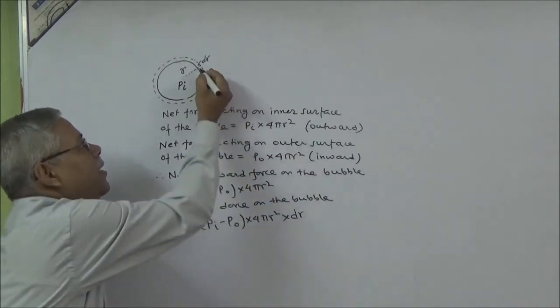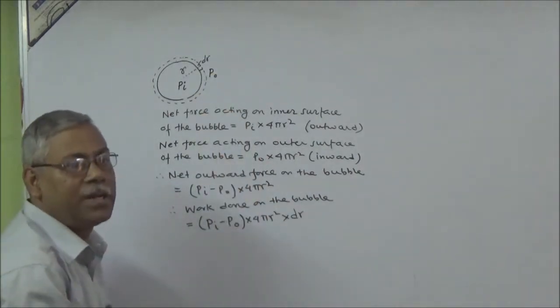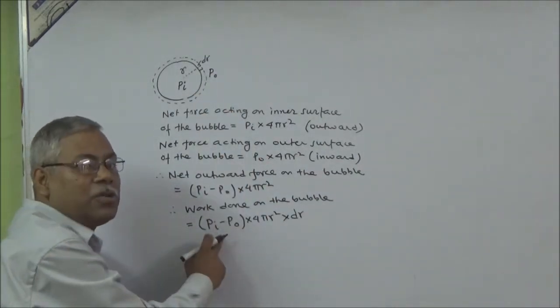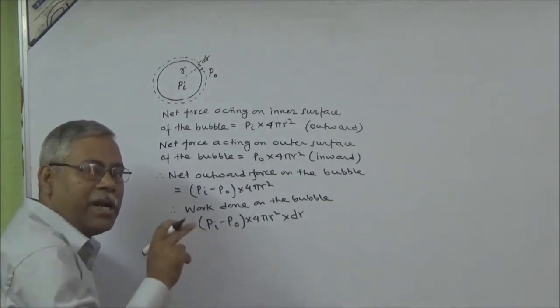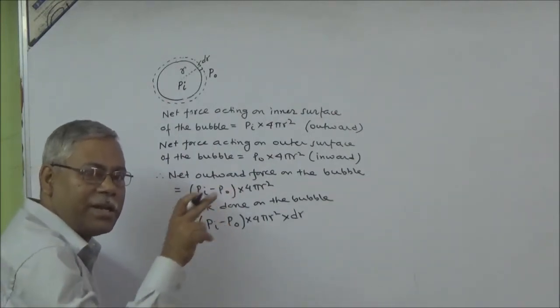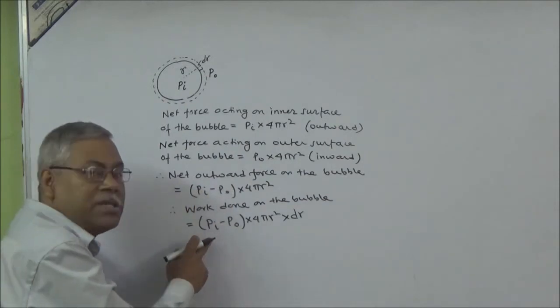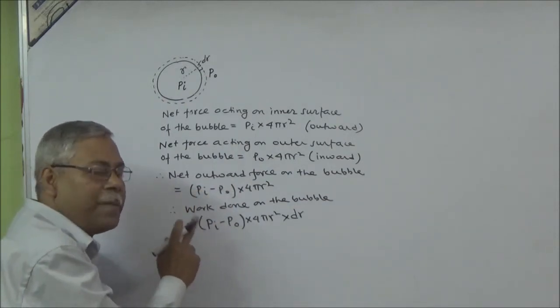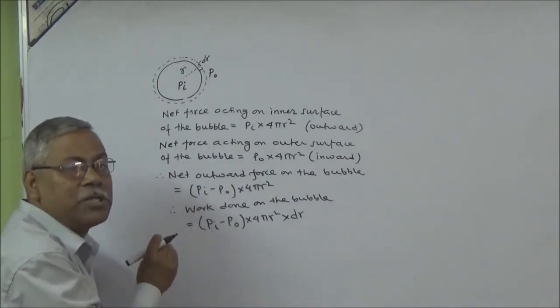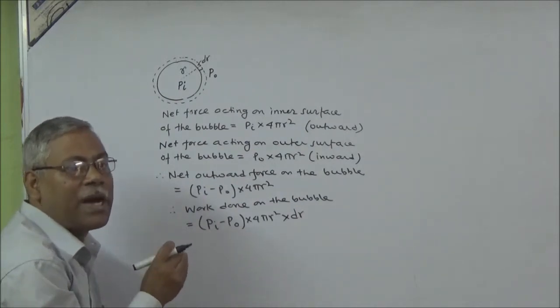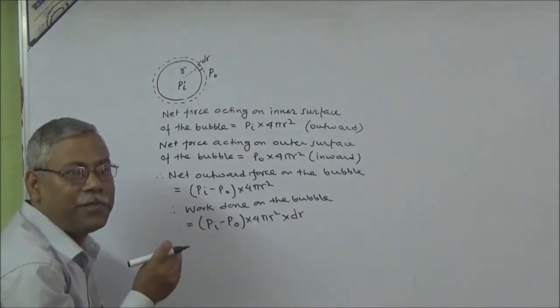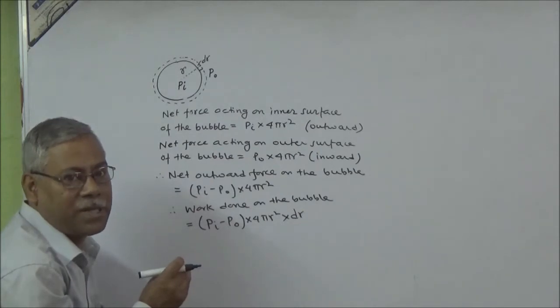In the radial direction, the displacement is dr, and the force is also radial. So this is the work done. What has happened to this work? This much work has been stored in the bubble, in the film, as its surface energy.